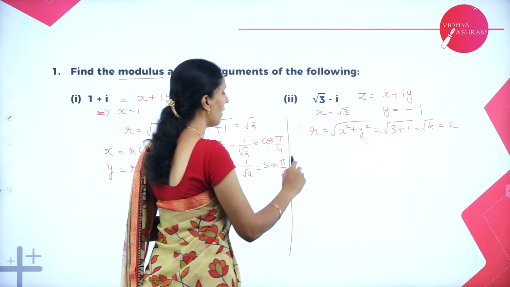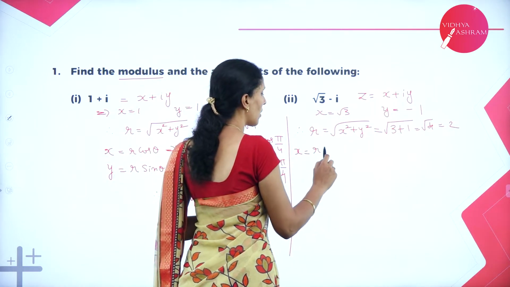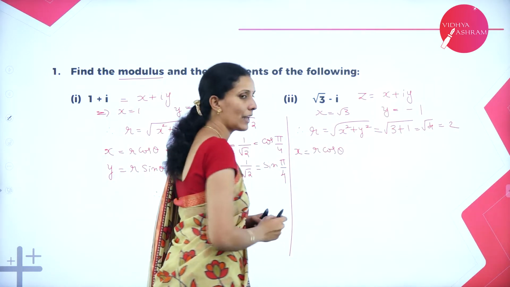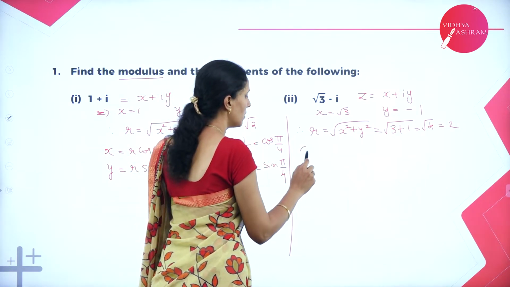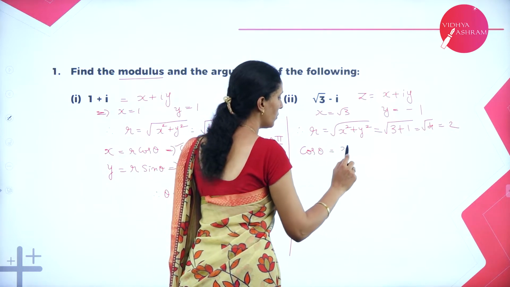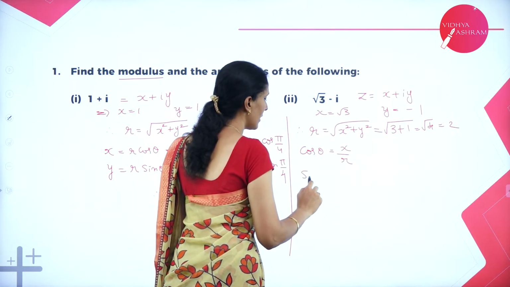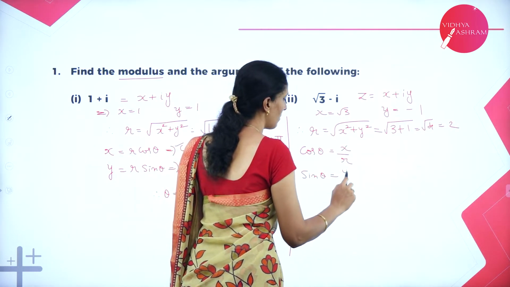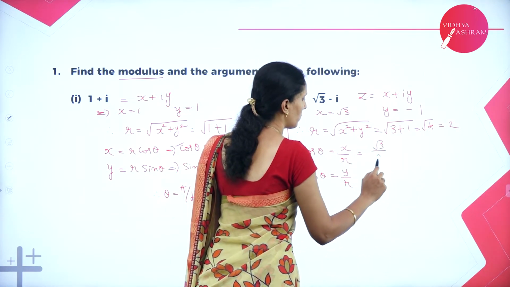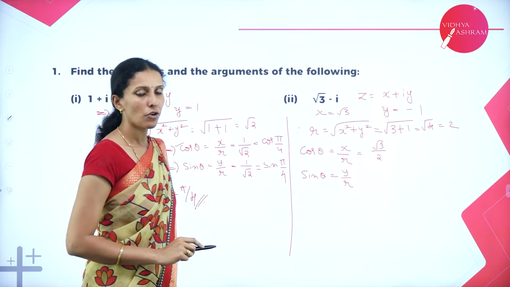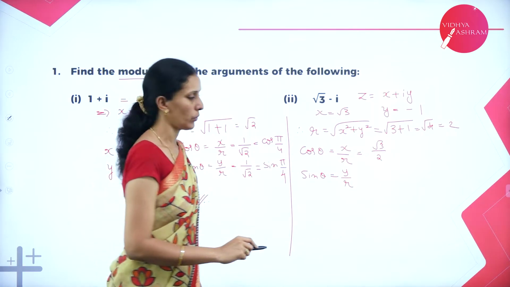Now next we have x is equal to r cos theta, or directly you can write cos theta is equal to x by r. So let me write here cos theta is equal to x by r, sin theta is equal to y by r. So here it is root 3 by 2. So for what value of theta is cos theta root 3 by 2?